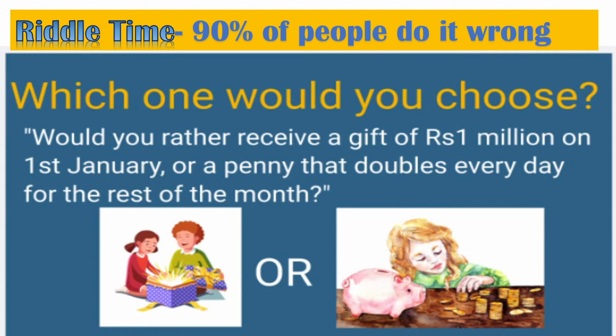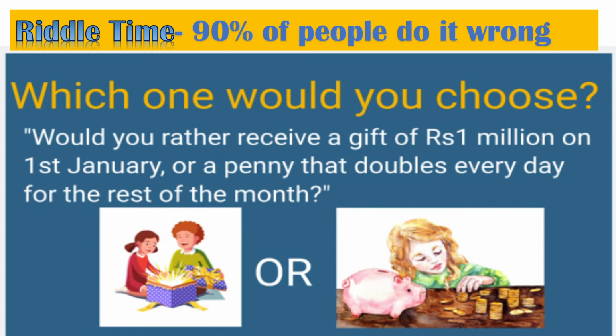Just be careful. So now it is riddle time. If you have understood, you would be able to answer it. So use your concept of exponent and solve it. Which one would you choose? Would you rather receive a gift of rupees 1 million on 1st January, or a penny that doubles every day for the rest of the month?